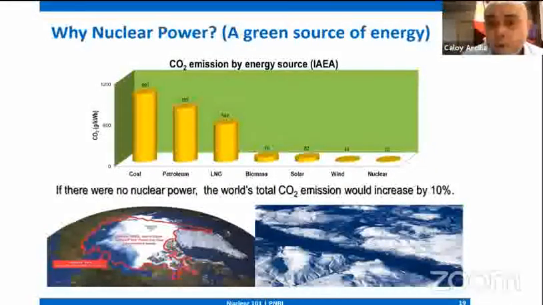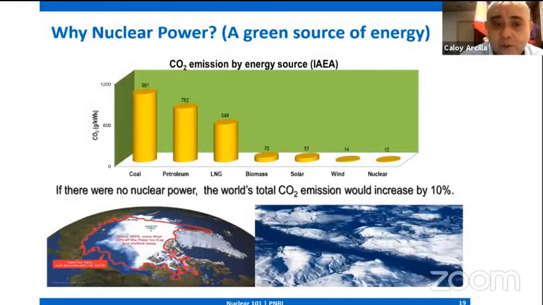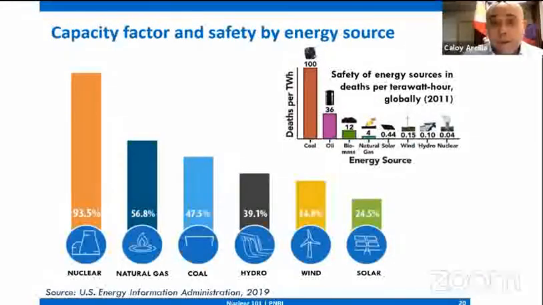And why nuclear power? Because it's a green source of energy, with a very low CO2 footprint. In fact, the IPCC has said that without nuclear, you cannot reach the carbon targets of the world. A very important factor that people are not so knowledgeable about is the capacity factor of the energy sources. Nuclear has over 90%, and wind and solar are consistently 30% or even less.